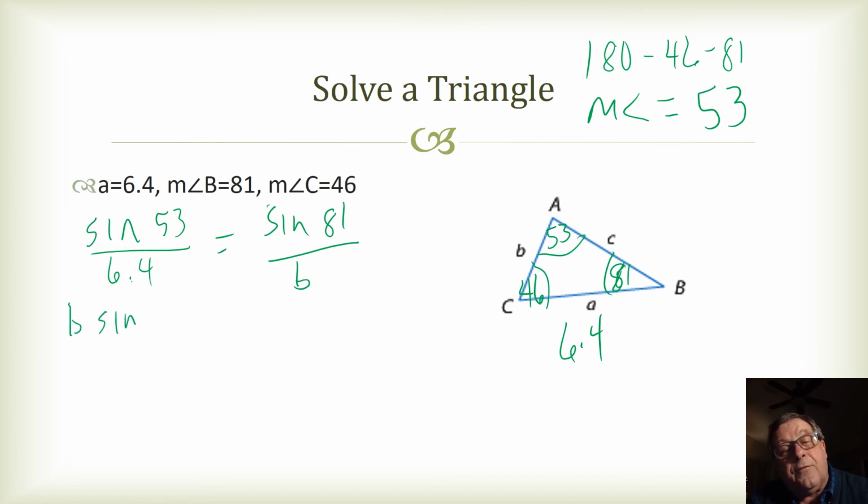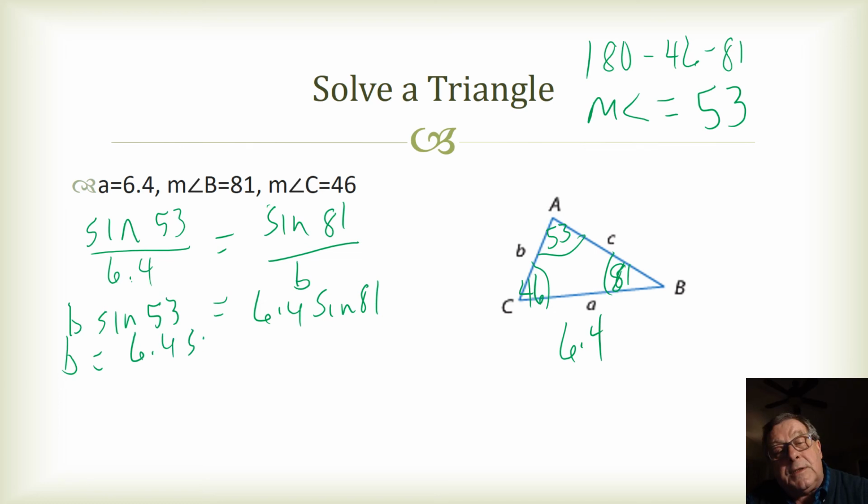Usually I cut out a step here. B times the sine of 53 equals 6.4 times the sine of 81. And then B is going to equal 6.4 times the sine of 81 over the sine of 53. And let's perform that calculation and get an approximate length for B.